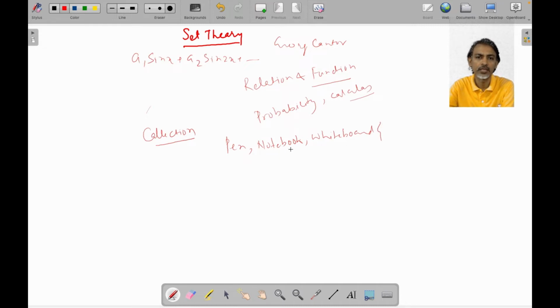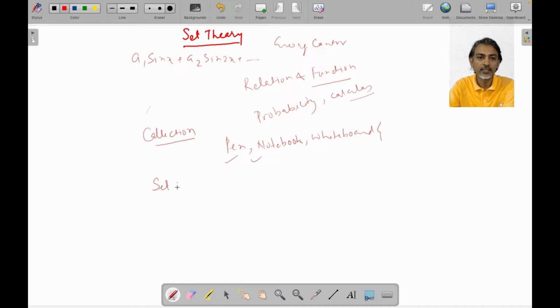So it's a collection of items, right? I think you would have understood that collection is a term used to denote a group of something. From this concept, something else is built, and this is the very first thing defined in set theory, which is called set.